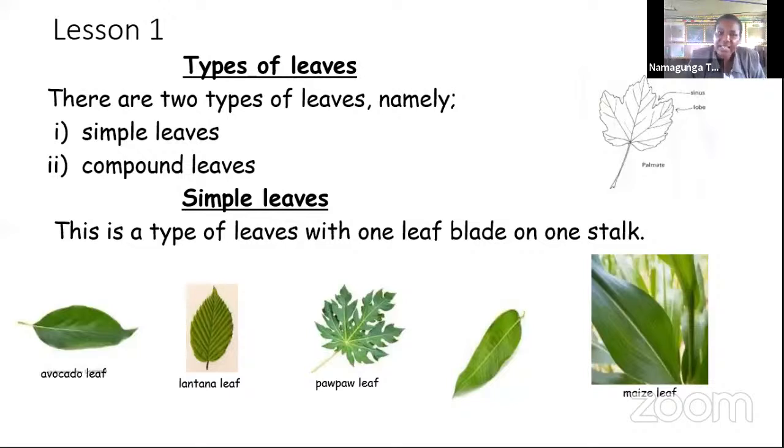That is the nature of simple leaves. They divide up, but they don't divide up completely. When I talk about the leaf blade, I said that is the surface of the leaf, and it is still one, making one stalk.